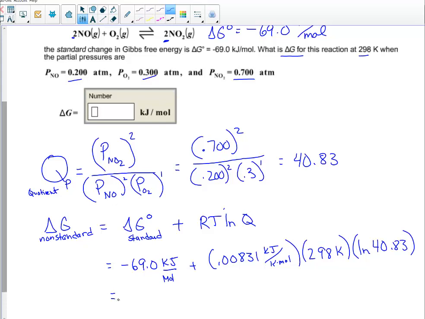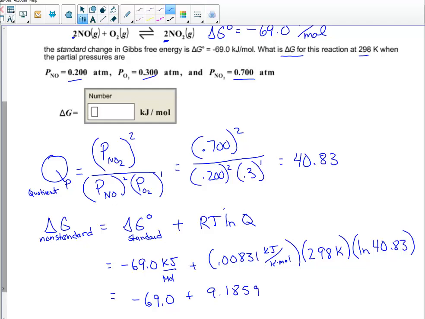I like to simplify RT ln Q first. I just want to get that done. 0.00831 times 298 times the natural log of 40.83. That simplifies to 9.1859.